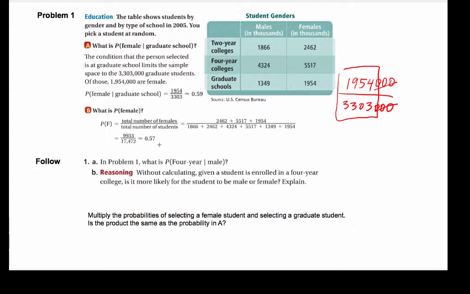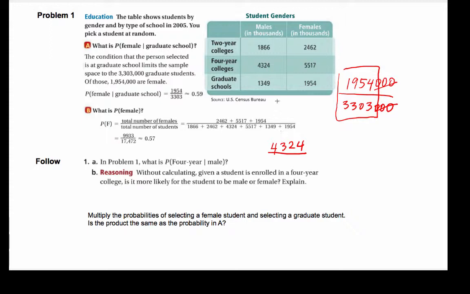So a follow-up to this problem: what's the probability that you select a 4-year student given that they're a male? Well, we have to say, how many 4-year male students are there? 4,324 times 1,000, essentially.